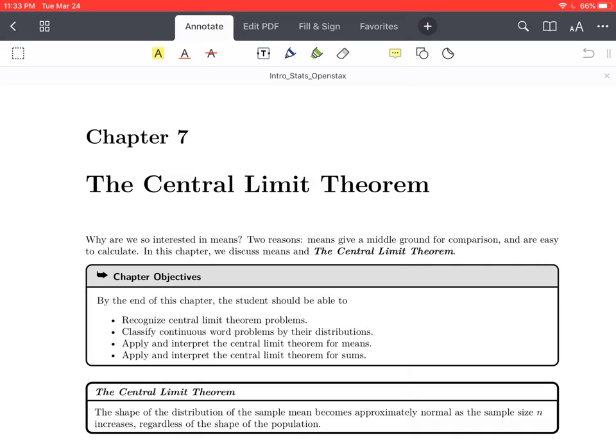All right, hi everybody. So we're moving into chapter 7, talking about the Central Limit Theorem. We're going to be starting to look today at some different types of sampling distributions, particularly when we're talking about a sample mean and a sample proportion.